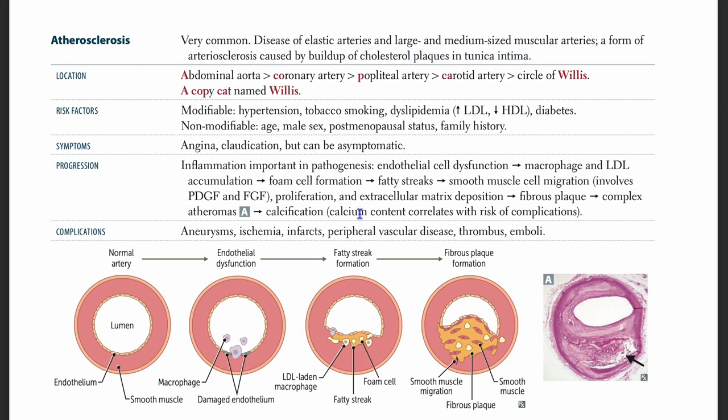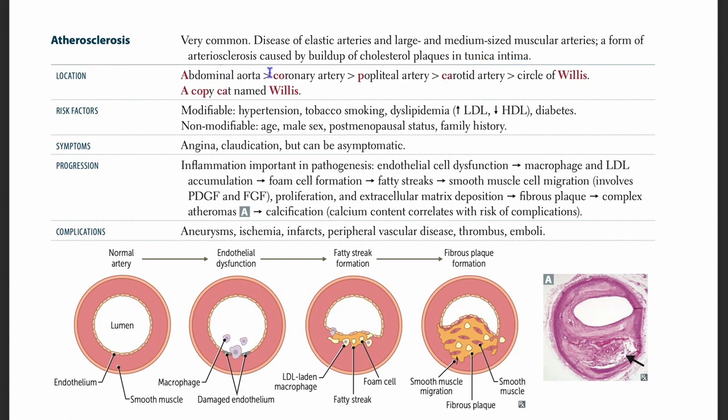So in that one, it's because the muscles are getting big, and here it's because the layer under the epithelial lining, the endothelium lining, there's cholesterol plaque buildup, which is causing the obstruction in the flow. So caused by buildup of cholesterol plaque in the tunica intima, the internal layer of the artery.